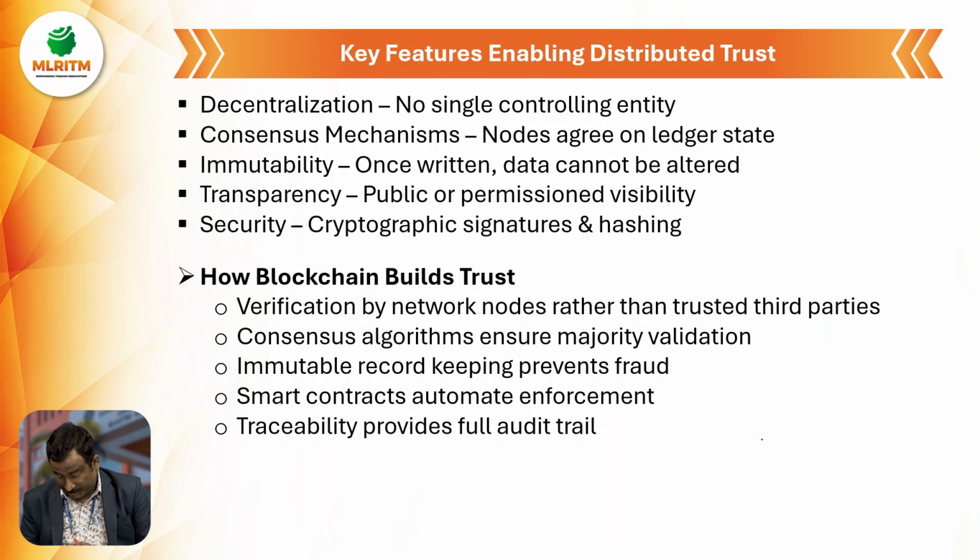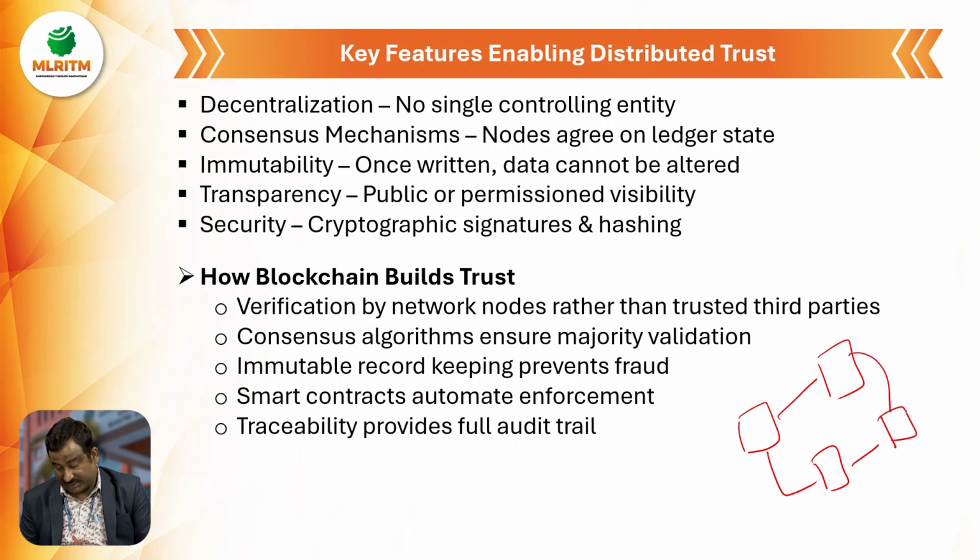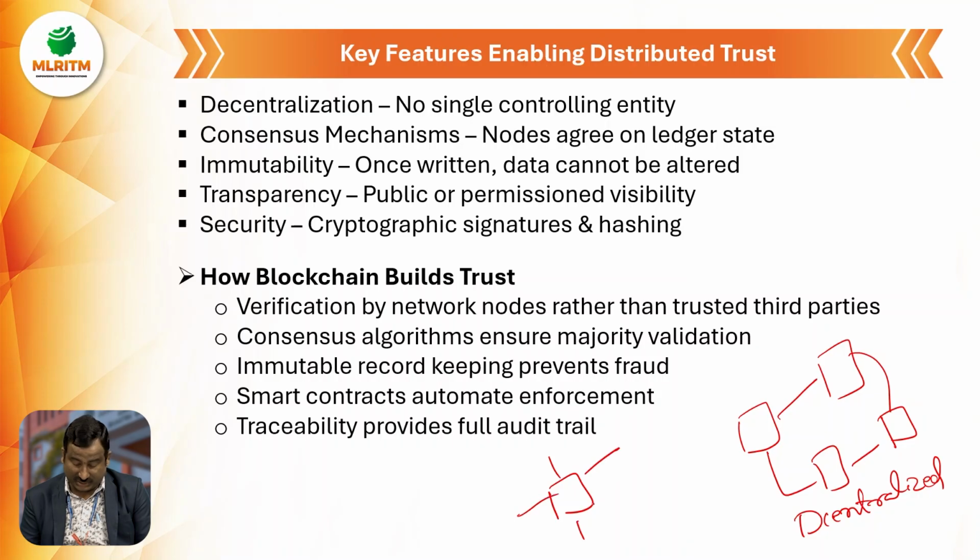For example, in decentralized, one block is connected to another block, to another block. Centralized means one block is connected to many systems as the authority. RBI is centralized.